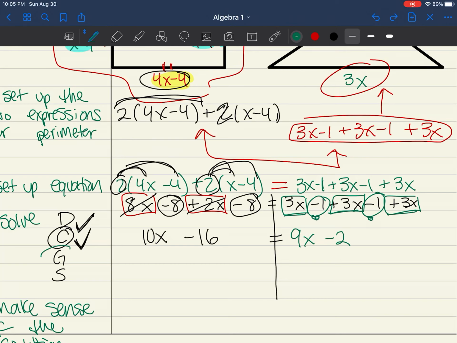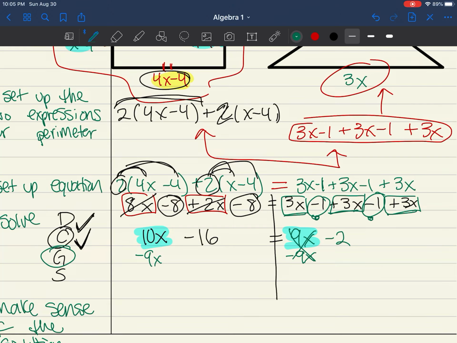All right, get variable to one side. So I notice that I have 10x here and 9x here. I'm going to decide to move the smaller one. If I want to move 9x to the other side, I have to make it cancel out on the side it's on. Because it's positive 9x, I'm going to subtract 9x on both sides.